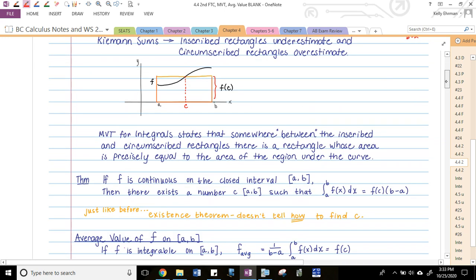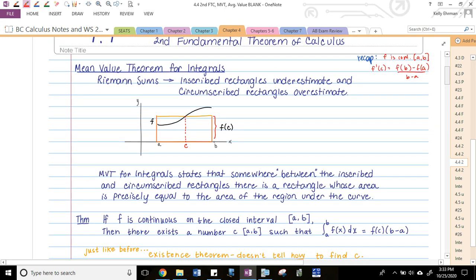For integrals, we're saying that there's got to be some c value for which the area of a rectangle with base a to b and height f of c, that area is equal to the area underneath the curve. You can kind of see it visually here, right?